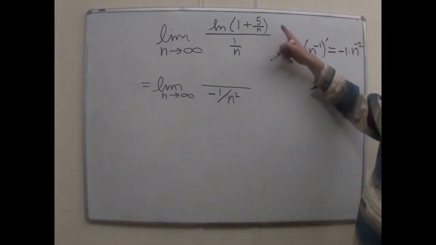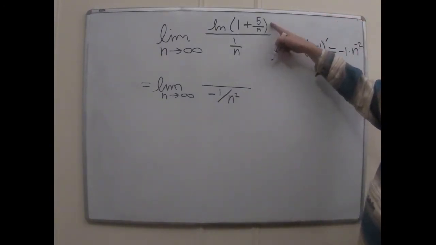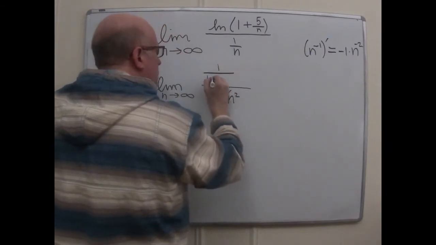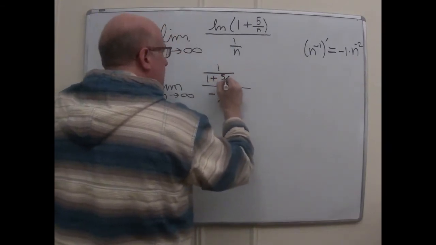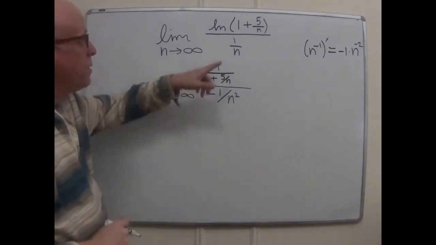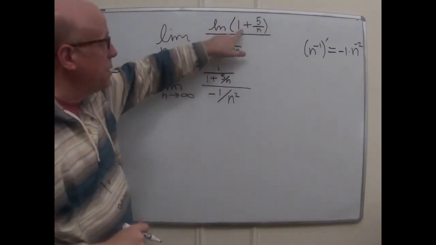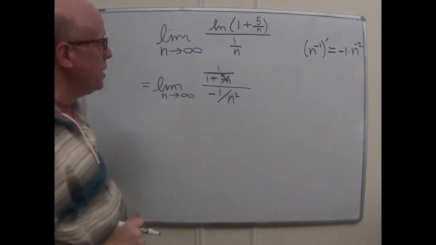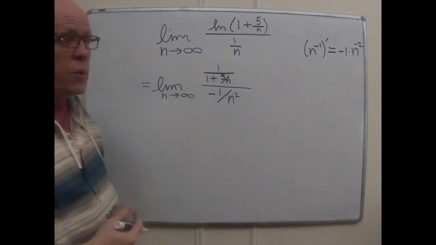What about the numerator? This is the natural log function. Its derivative is 1 over x. So you get 1 over 1 plus 5 over n. But that would be if it was just log of x, right? This is log of some u, and we need the derivative of the inner piece there too. We have to use the chain rule.